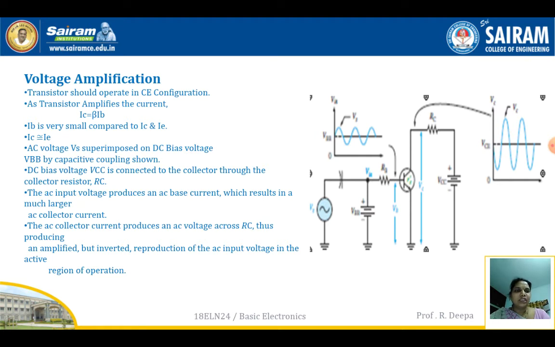The collector current produces an AC voltage across RC, thereby we get an amplified but inverted reproduction of the input AC voltage.